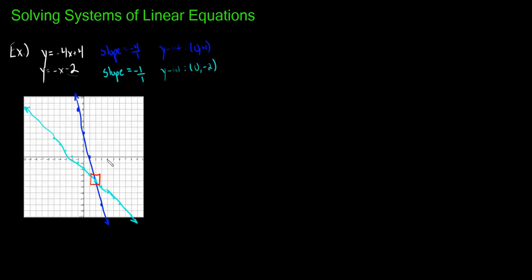I'm going to try my best not to say lines, because we can have systems that aren't just linear, but in general, the solution to a system is where the graphs intersect. And in this particular case, the graphs intersect at the point 2, negative 4. So our solution to this particular system is the full point 2, negative 4.